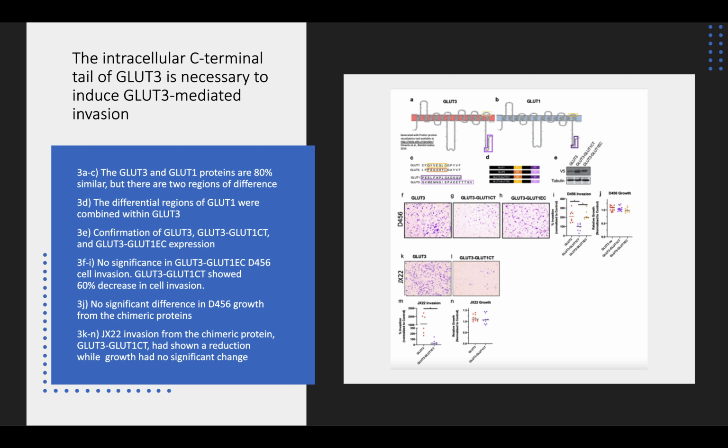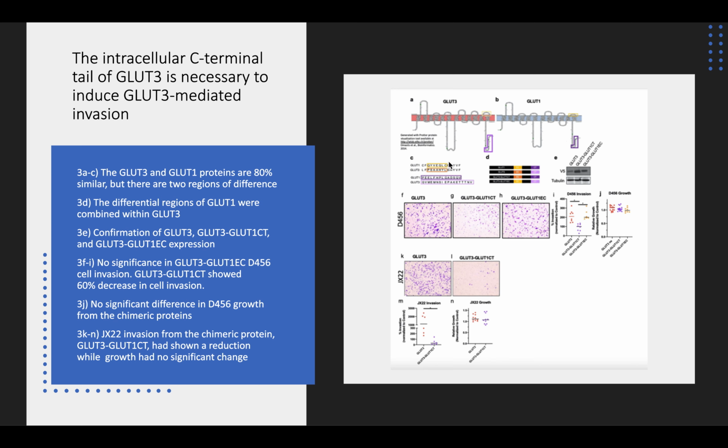When comparing figure 3A and 3B, 3A represents the GLUT3 protein and 3B represents the GLUT1 protein, and one may notice that the two main regions are different, both indicated in a box-like structure within the areas of difference.